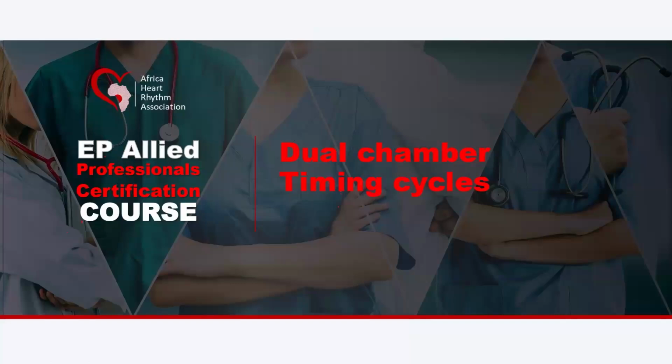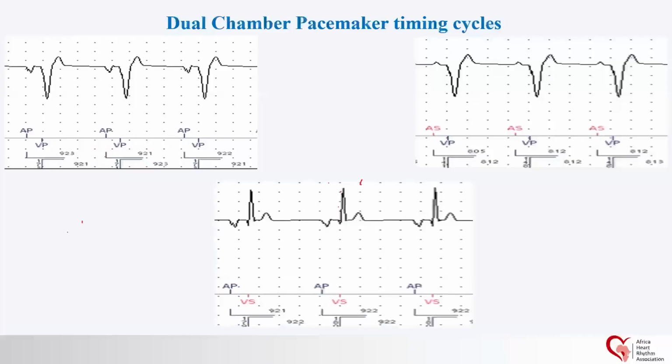In dual chamber pacemaker timing cycles, we need to understand how it works, because in this case we have two leads, one in the atrium and the other one in the ventricle. In a dual chamber pacemaker, we have three cases. The first one is that the pacemaker paces in the atrium and the ventricle at the same time.